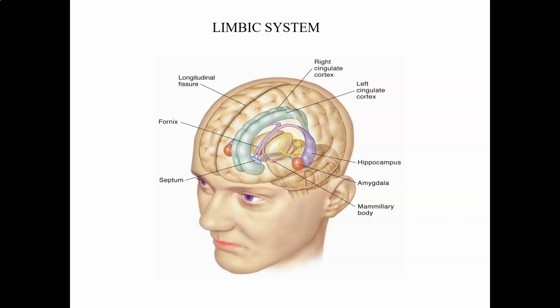The thalamus is here, this egg-shaped structure in the middle, and you'll see the limbic system involves structures that all surround the thalamus. So we've got the cingulate cortex in green here, the septum is in blue, the hippocampus is in purple, and then the amygdala is in red. Okay, and you'll notice that there are some connections between these structures so that they can coordinate their efforts with regard to emotional functions.